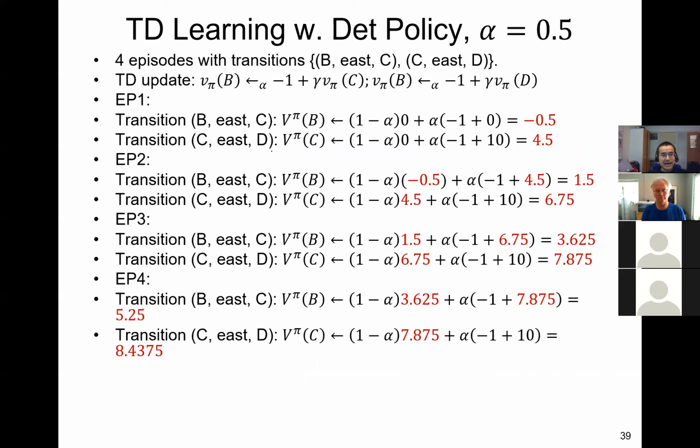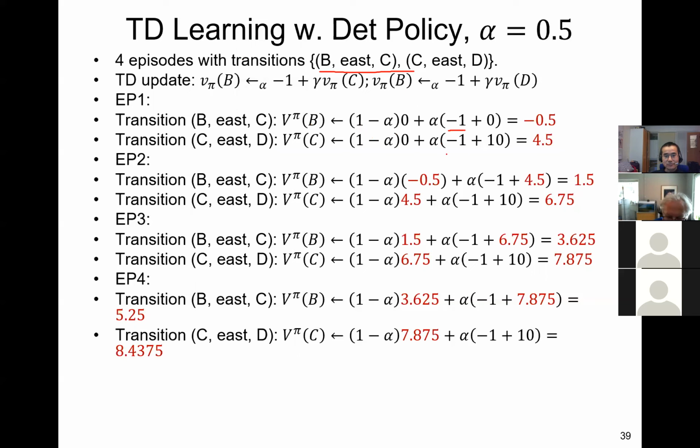So if we look at TD learning, say with the deterministic policy, we saw, say we have 4 episodes of B, C, D. Then based on the TD update, we first update the transition from B to C, we get reward of -1, and the V of C is 0.